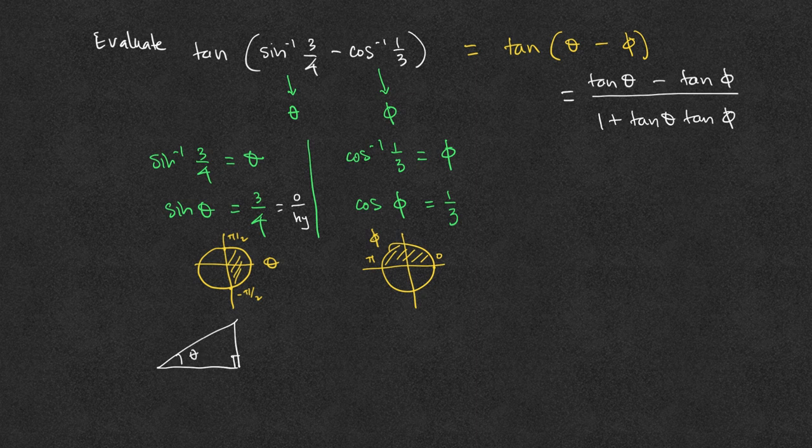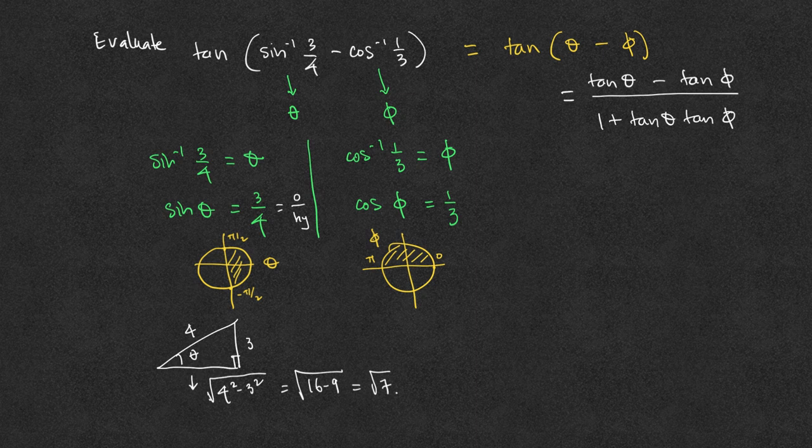The opposite is therefore 3 and the hypotenuse is 4. Sine is opposite over hypotenuse. Then we find the missing side. This is the square root of 4 squared minus 3 squared, or 16 minus 9, which is the square root of 7.